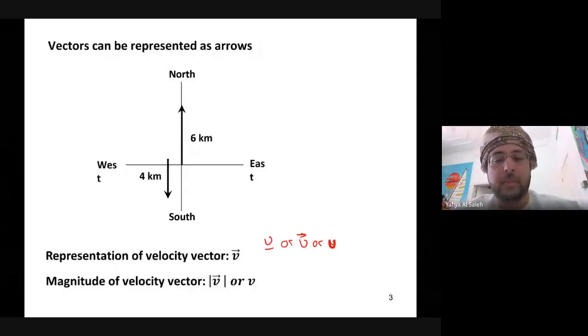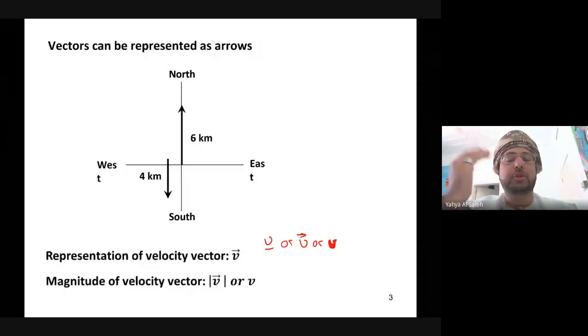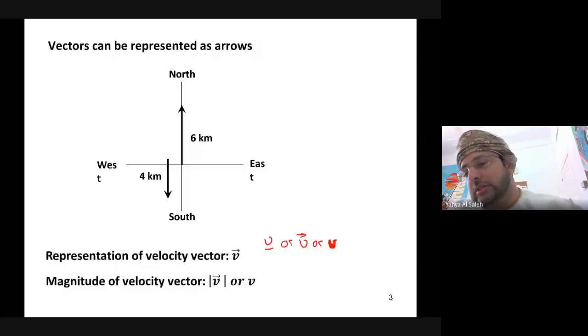Now, bold is easy to do on a computer, but not as easy to do when you're writing. So when we're writing, we usually stick to the superscript tiny arrow or subscript underline. We do not, and I'm going to write it this way, we do not just put a dash on top.